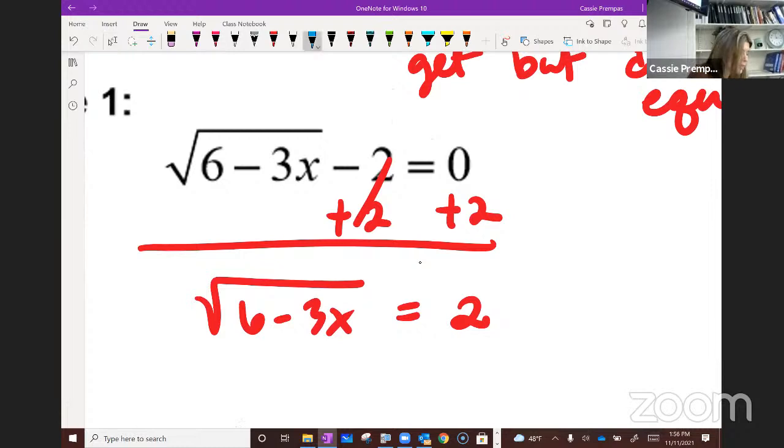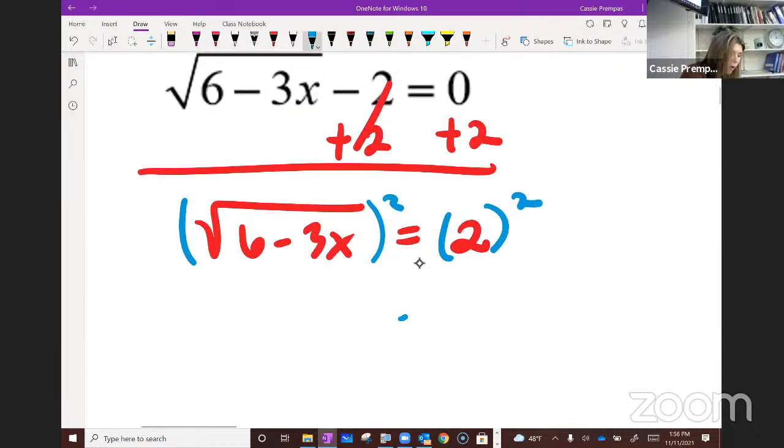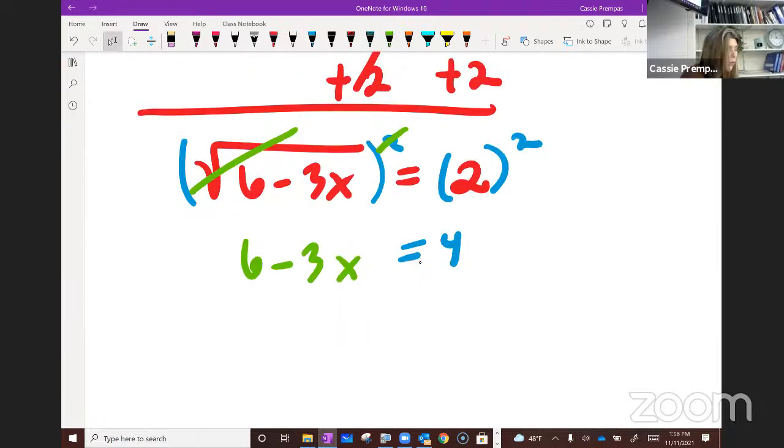But now we could look at step number 2. It'll say square both sides, but you guys hopefully know why. What undoes a square root? Square. So we'll square both sides, good, and the 2 squared will become 4. The square cancels out the square root, and we're left with 6 minus 3x is equal to 4.